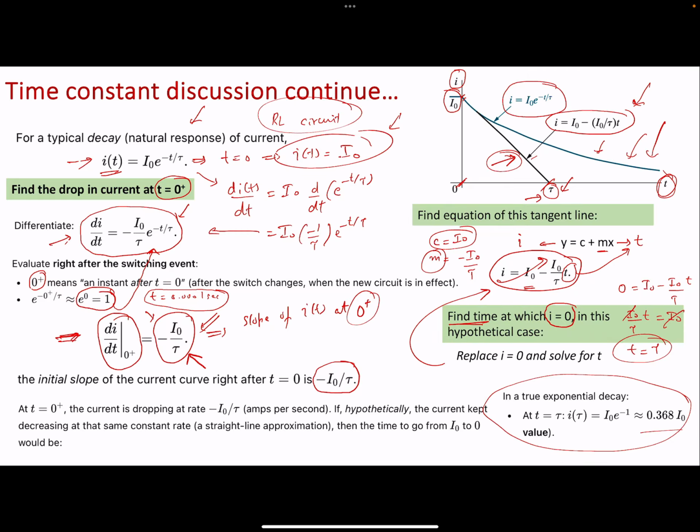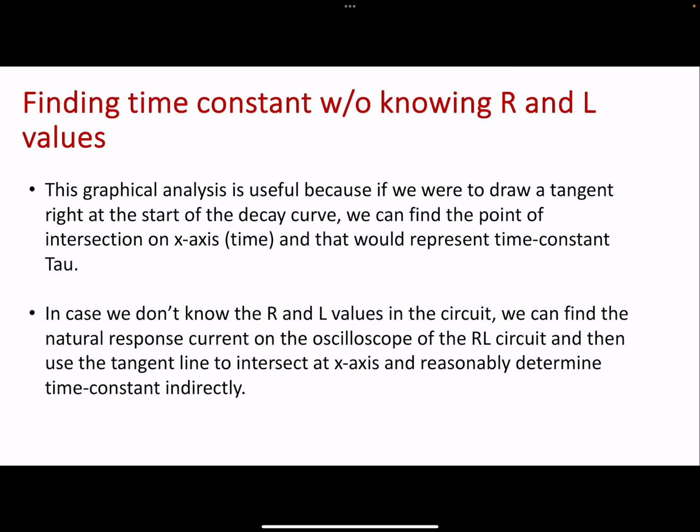Because of this tau. Why we ended up doing this exercise is, in a situation where I gave you a circuit and I do not have a value of the resistance and the inductance, and I would ask you in the lab to find me a value of the tau, how in the world are you going to do that, right?